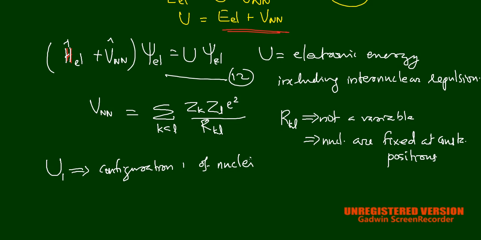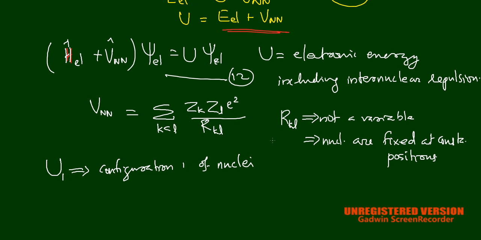Now we again change the configuration of the nuclei, which means you are going to change the RKL value and keep that RKL value fixed. You fixed an RKL value in the beginning, then you solved the Schrodinger equation. When solving it, you did not consider RKL as a variable, rather you considered RKL as a fixed value.